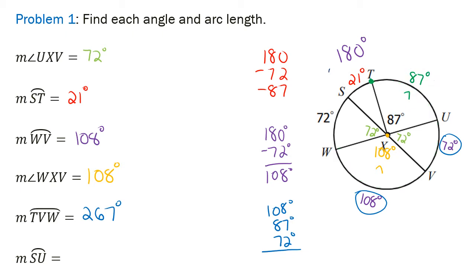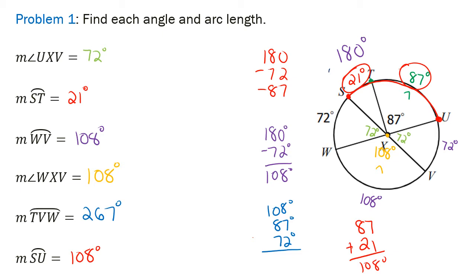For that one, we can see it starts here at S and we go all the way to U. So we're going to be adding two arcs. We're going to add the 21 degrees and the 87 degrees. That's going to give us 108 degrees.